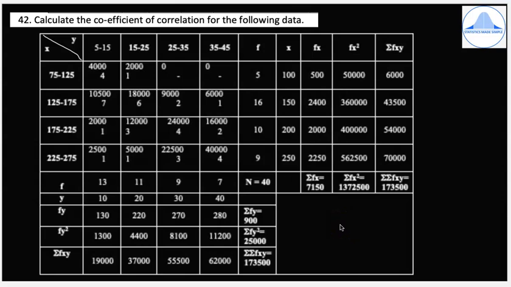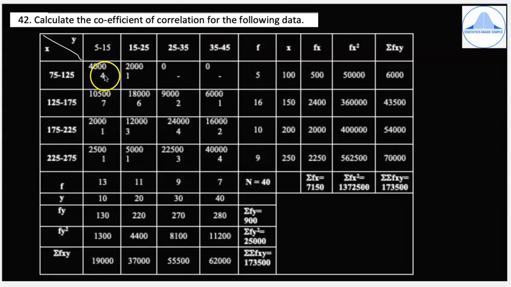42nd question. Calculate the coefficient of correlation for the following data. So you have the x variable class intervals 75 to 125, 125 to 175, 175 to 225, 225 to 275. And the y variable class intervals are 5 to 15, 15 to 25, 25 to 35, 35 to 45.